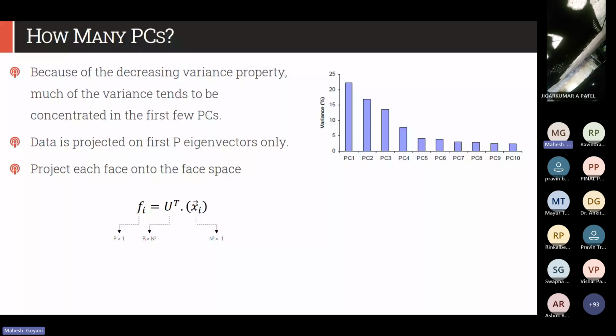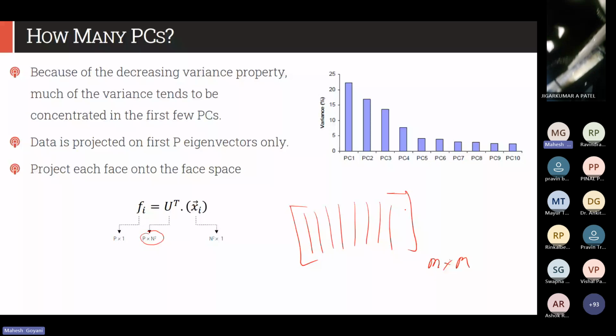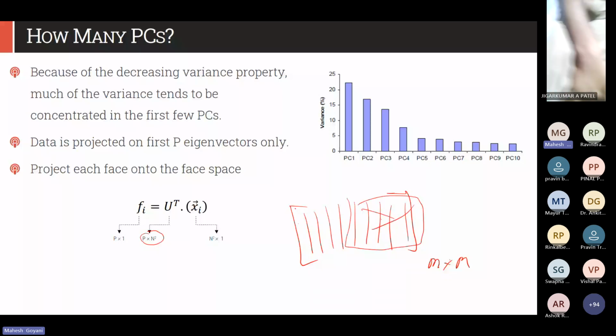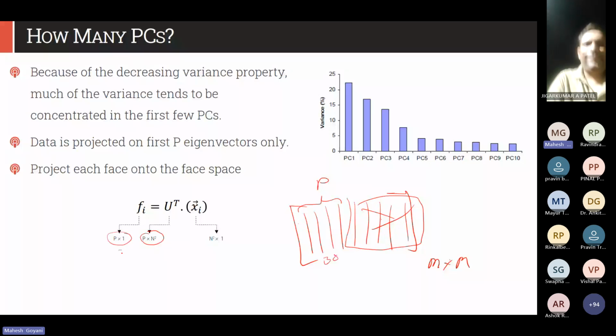So I assume that this is an M by M matrix of eigenvectors. It has M columns. So instead of projecting data on all M columns, I will simply reject the rest. I will only project on the first P eigenvectors. Fine. So the dimension of my projected image would be just P. So if I select 30 eigenvectors, then the dimension of my projected image will be just 30.